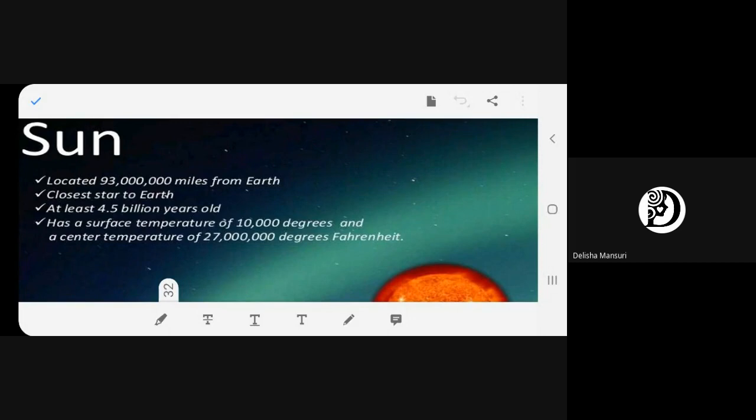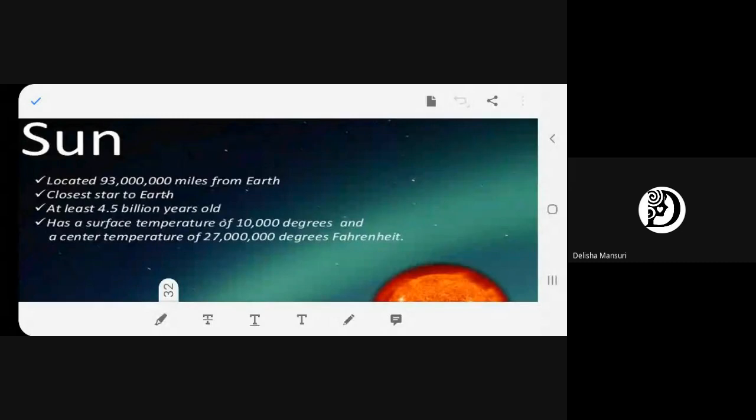Okay, so how far is the sun? It is 93 into 10 raised to power 6 miles from Earth. So far it is, but it is the closest star to Earth, and it is 4.5 billion years old.